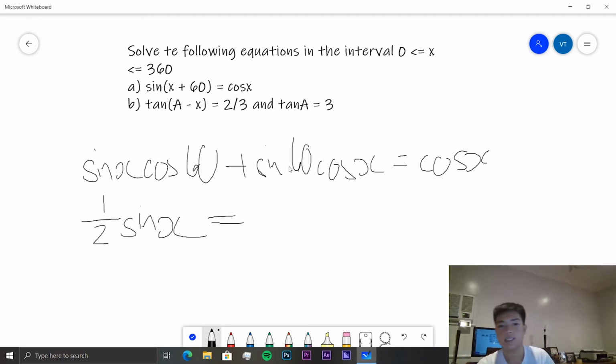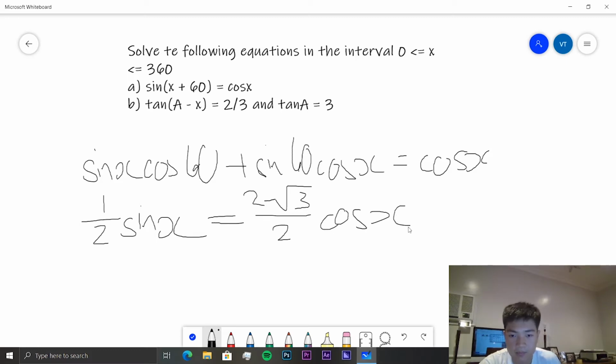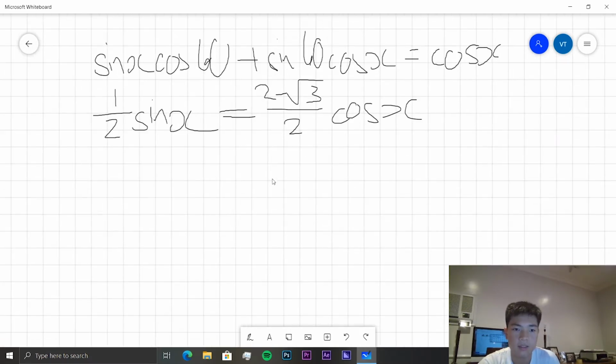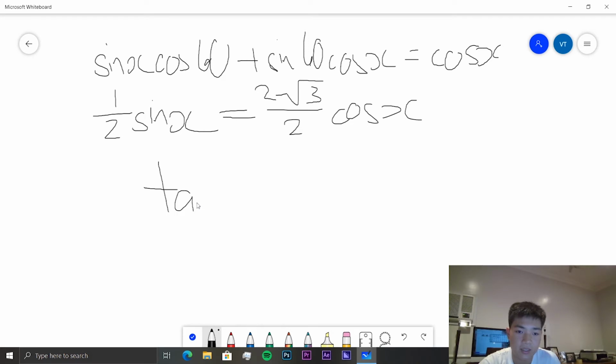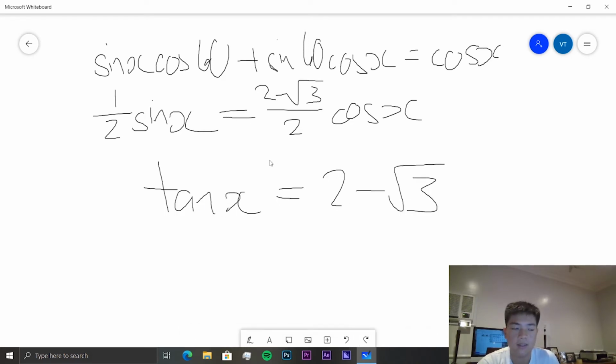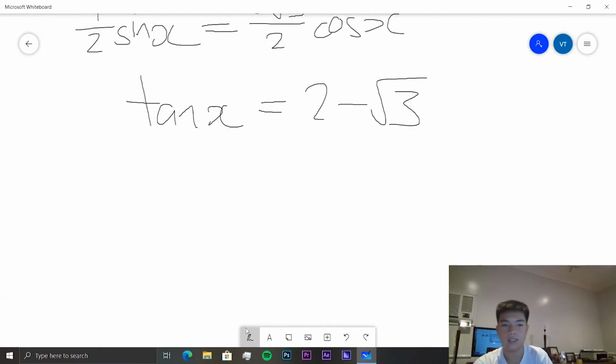Sine 60 is equal to root 3 over 2. So we have 1 minus root 3 over 2, or 2 minus root 3 over 2, times cosine x. So we know that tangent of x is equal to 2 minus root 3. And since we need to solve it in the interval 0 to 360, we're going to get two values.